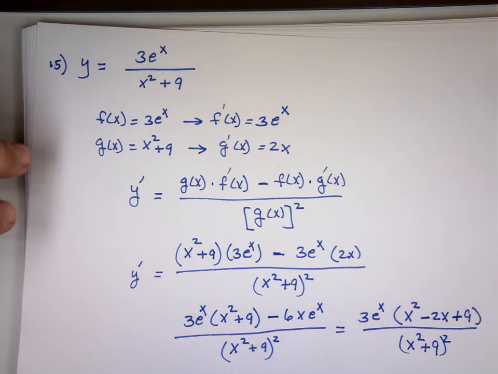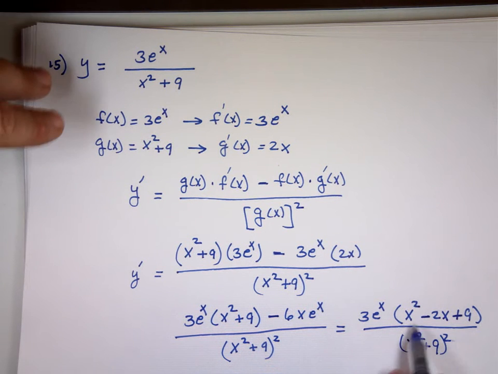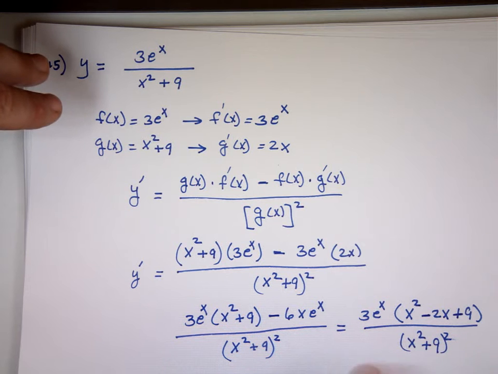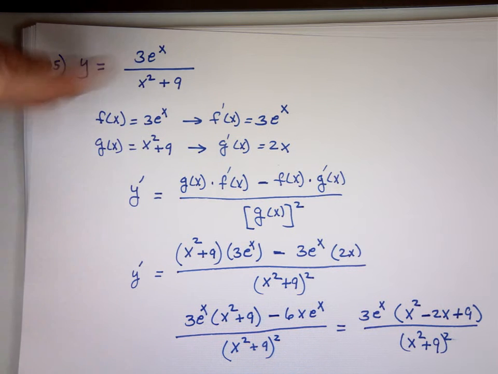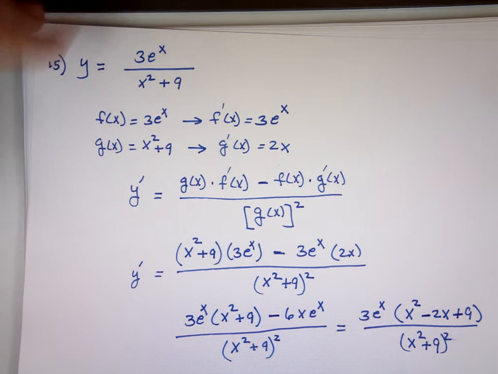But I can't really factor that one. In some cases, you might be able to factor this and cancel one of these, if it ends up matching one of them. So you want to try to factor them out and see if anything helps. And no luck here. So x squared minus the 2x plus the 9. I just put them in order. That's as far as I can go with it.